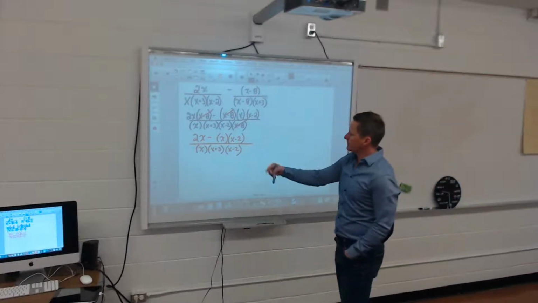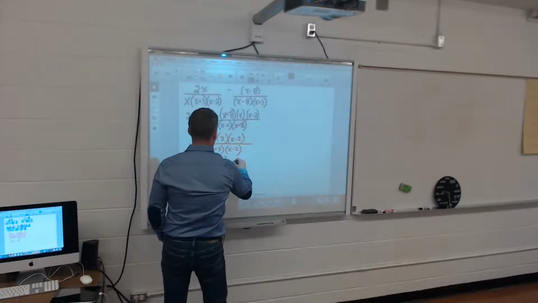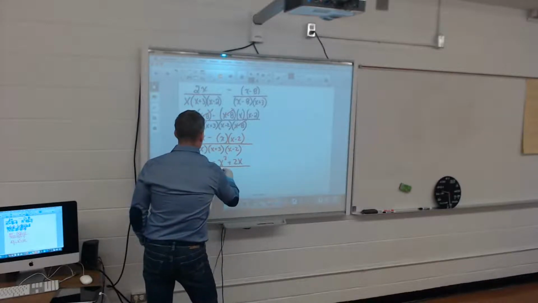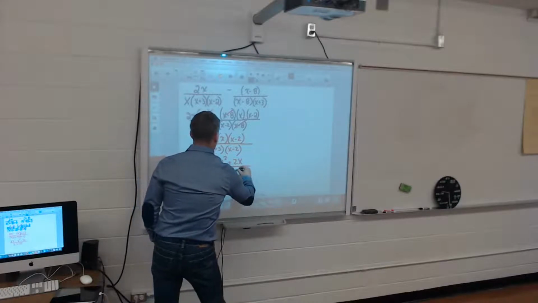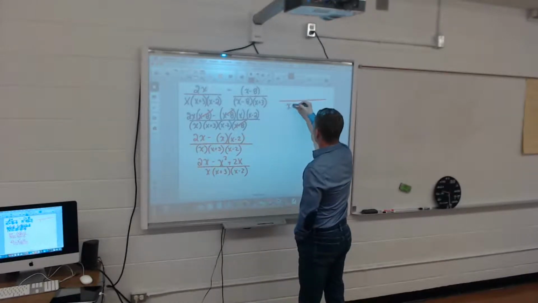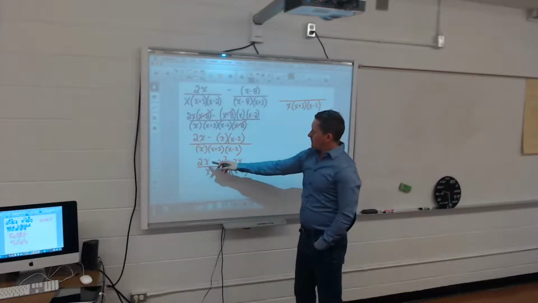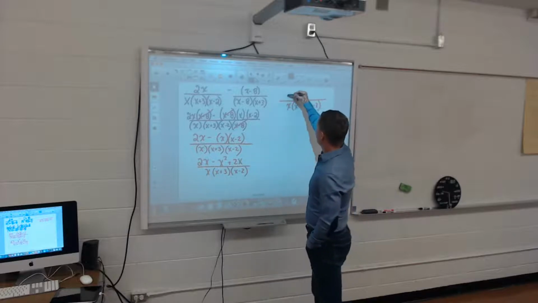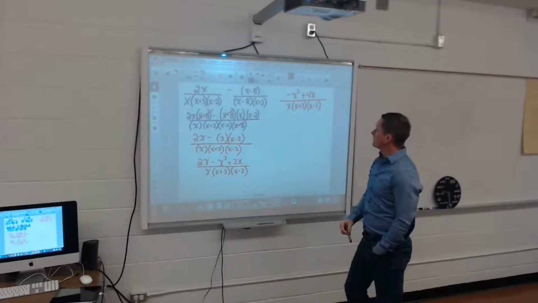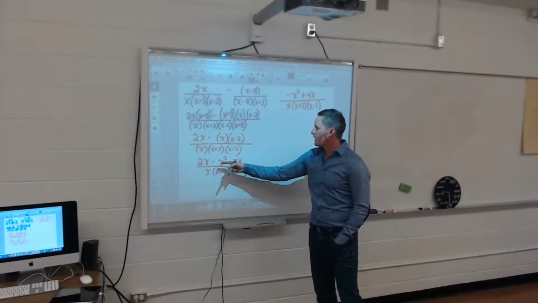So now at this point, I'm going to simplify. I've got 2x minus x squared, add 2x over x, x plus 3, x minus 2. So I'm going to end up with negative x squared plus 4x up here. That's what I have when I simplify this. 2x and 2x make 4x and negative x squared.